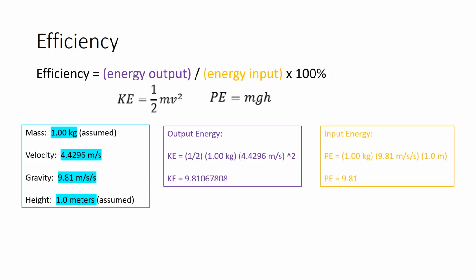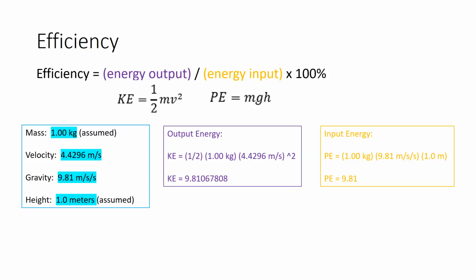To find the energy input, we substitute those values into the energy input equation: 1.0 kilograms times 9.81 meters per second squared times 1.0 meters, and that comes out to 9.81. I forgot to put it on the slide, but the units for that are joules.